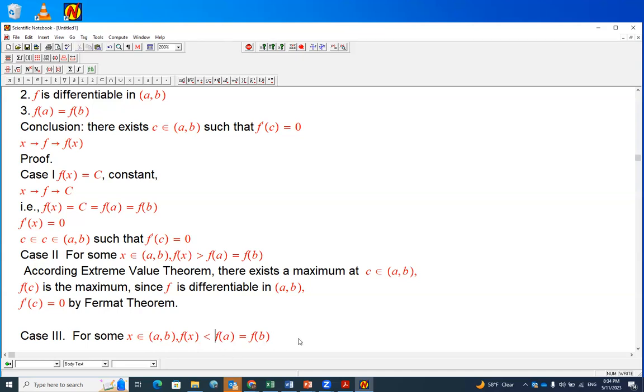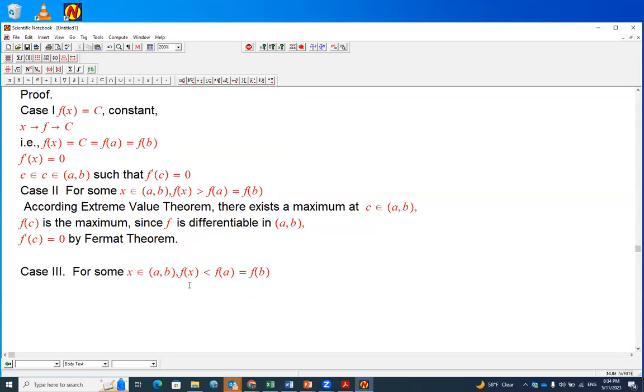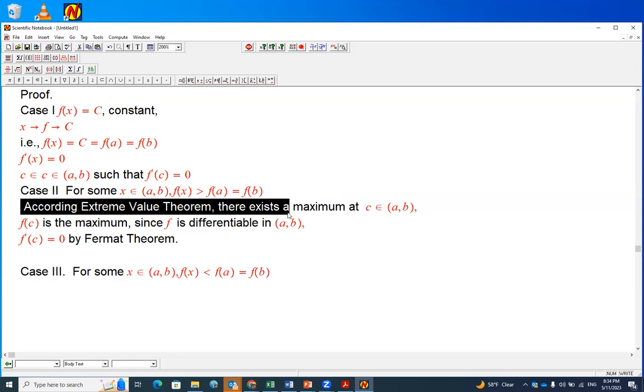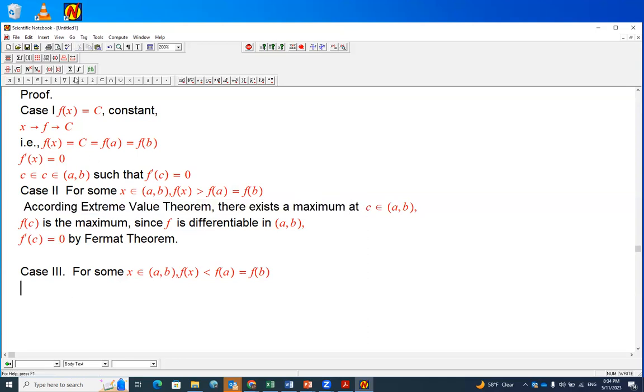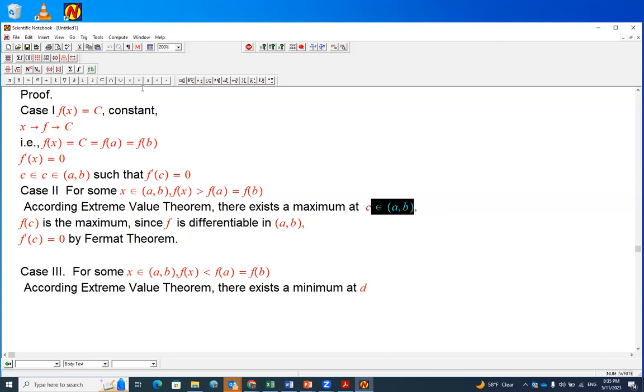In that case, if there are values between a and b where f of x is less than f of a and f of b, then according to extreme value theorem, there exists a minimum at a point, we can call it D. And D is also between a and b.